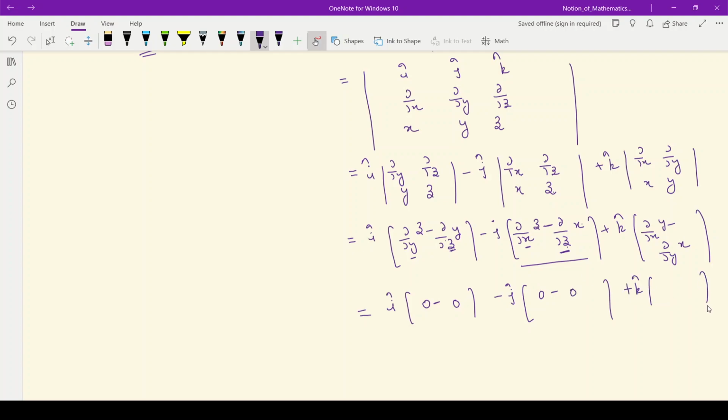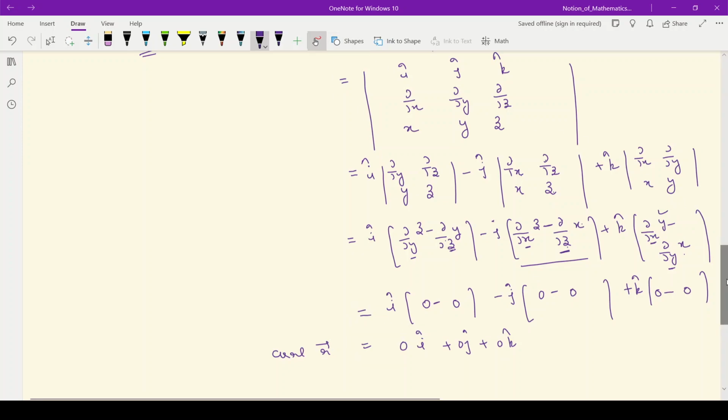Partial derivative with respect to x of y is 0, minus partial derivative with respect to y of x is also 0. Ultimately, we will be getting 0 i cap plus 0 j cap plus 0 k cap, and this is equated as curl of r vector.